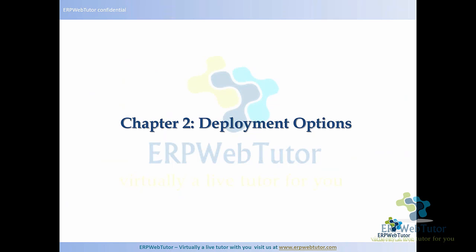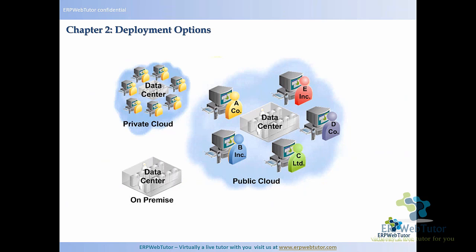Okay, so we have talked about how Fusion's journey has been so far, how it looks, and now let's take a look at the deployment options, which is more from our interest, that from an implementation perspective. So we have 3 deployment options. One is the private cloud, a public cloud, and the on-premise.